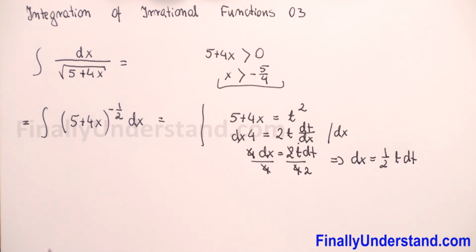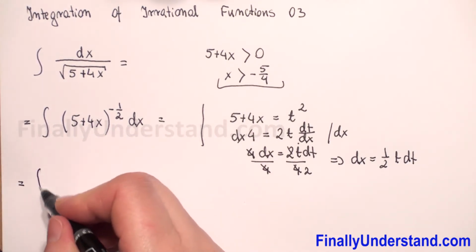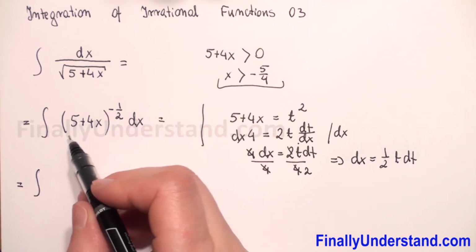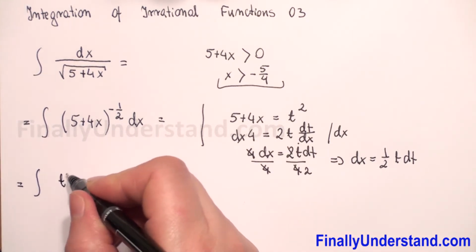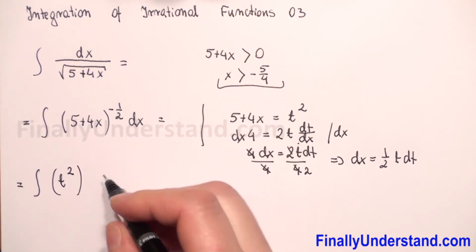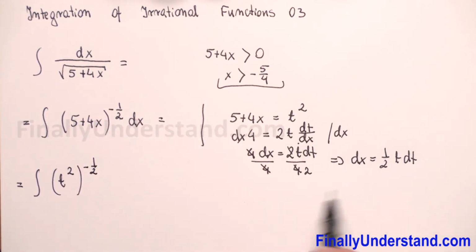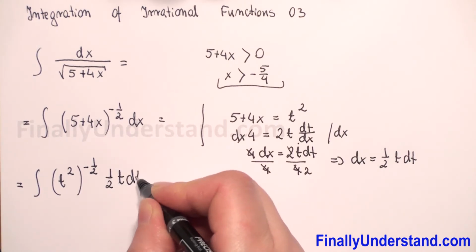Next, we can substitute into our integrand. We will copy the symbol of integration, and we have 5 plus 4x is t squared. So we have t squared in parentheses to the power negative 1/2, and dx is 1/2 t dt.